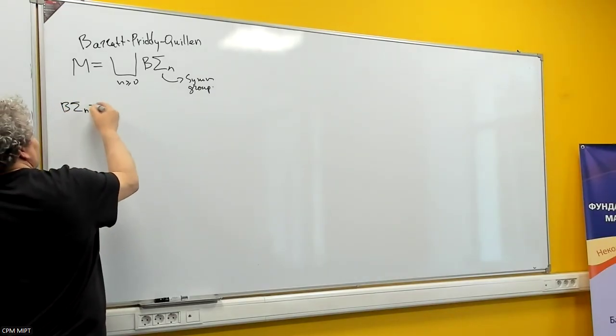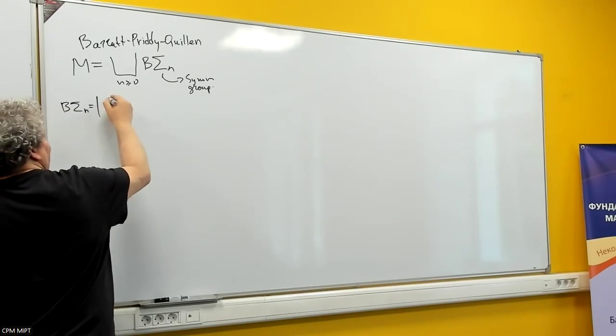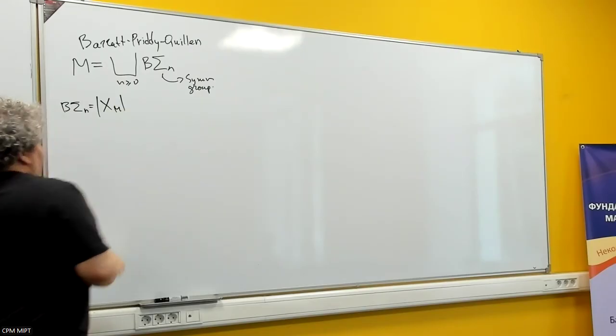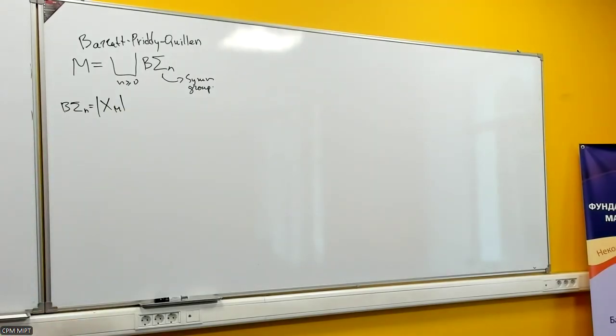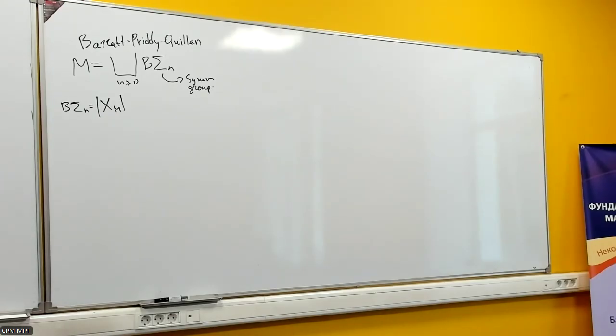So BΣn, well, we have several notations, so it's something like the realization of what we call X_M and so on. So this is actually simply, we first construct a simplicial set by a group, and then we take the geometric realization.